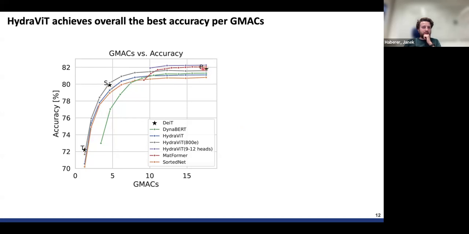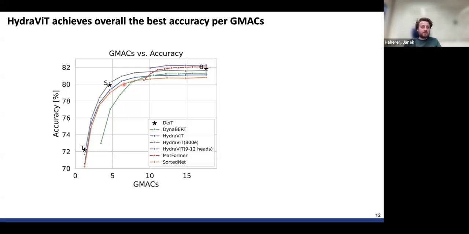Here you can see a DeiT base model, here the DeiT small model, and here the DeiT tiny model. Then for HydraViT, we have these two lines here. The gray one is with 800 epochs. The blue one is with 300 epochs. And then SortedNet is the orange line here, slightly below.